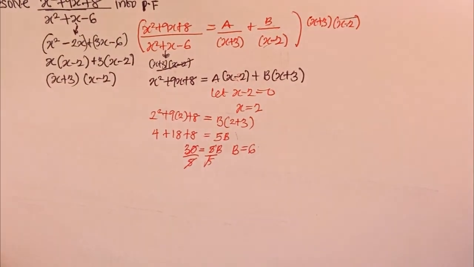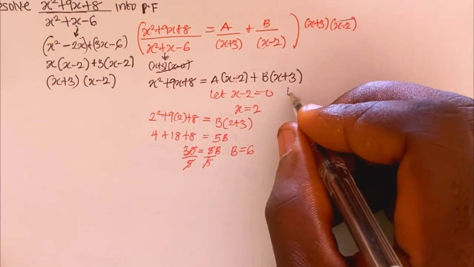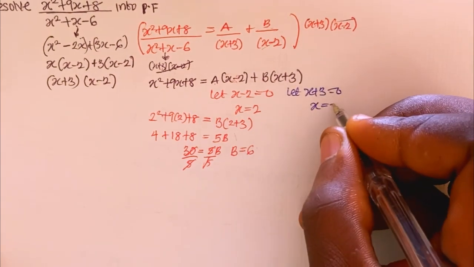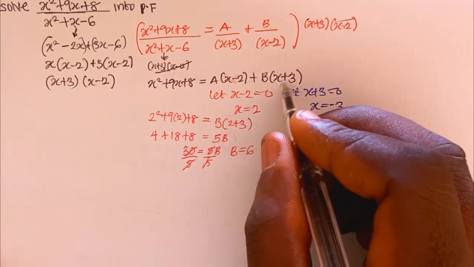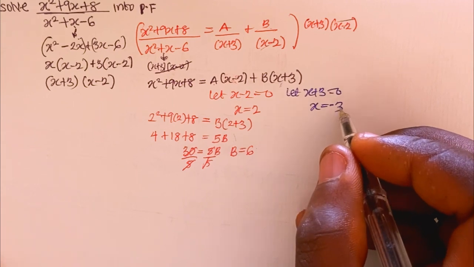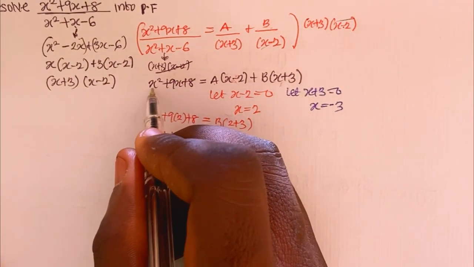Right? So the next thing is that another factor I'm having here is x plus 3. I can just say let x plus 3 equal 0. Therefore, my x equals minus 3. That means if I plug in x plus 3, which is 0 here, my b term is 0. So here I can just plug in the value of x, which is minus 3.